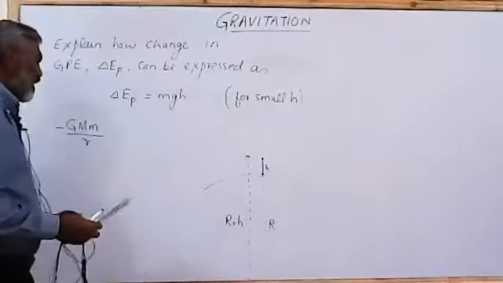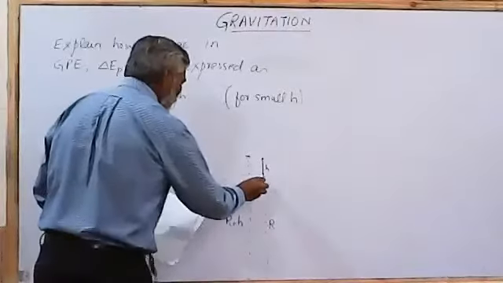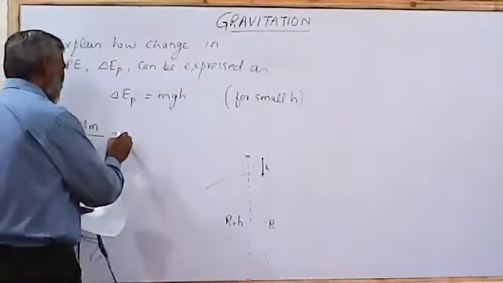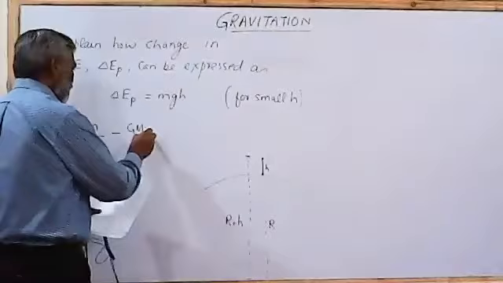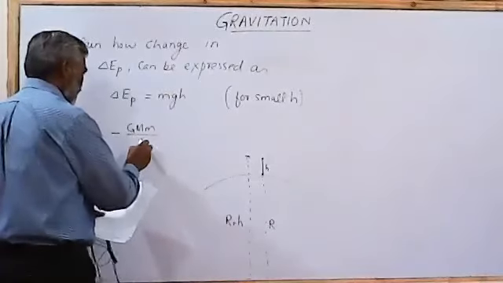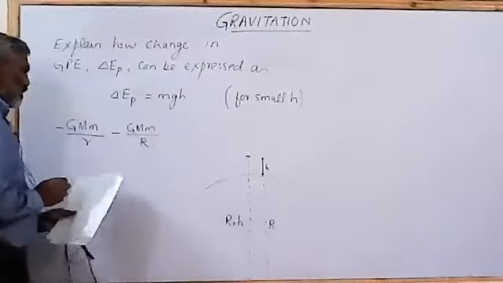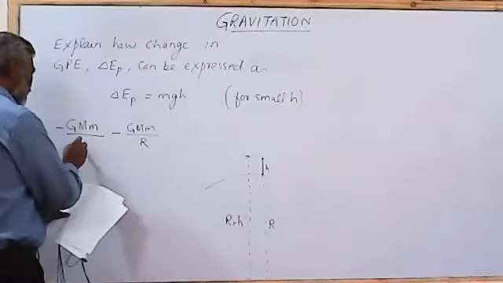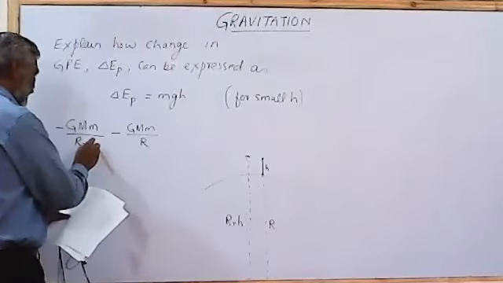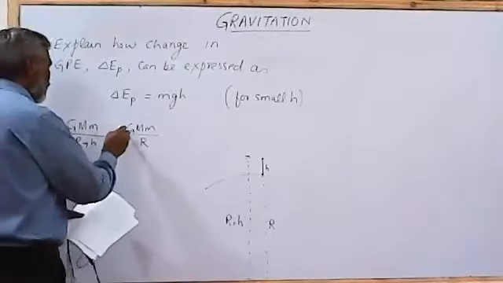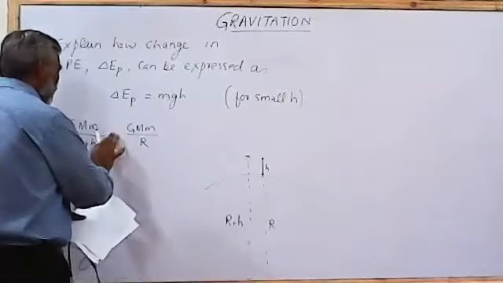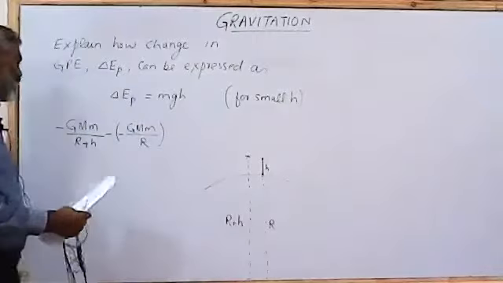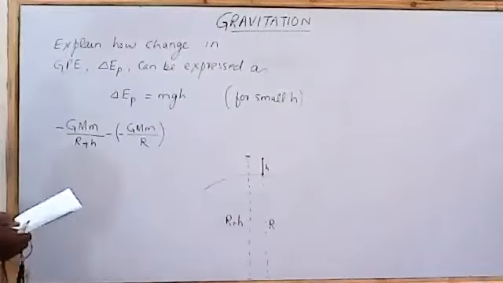That means if you are initially here, the gravitational potential energy is minus GMm over capital R, and at this position it is minus GMm over capital R plus h. So if I want to see the change, I take the difference of these two and the change becomes this.